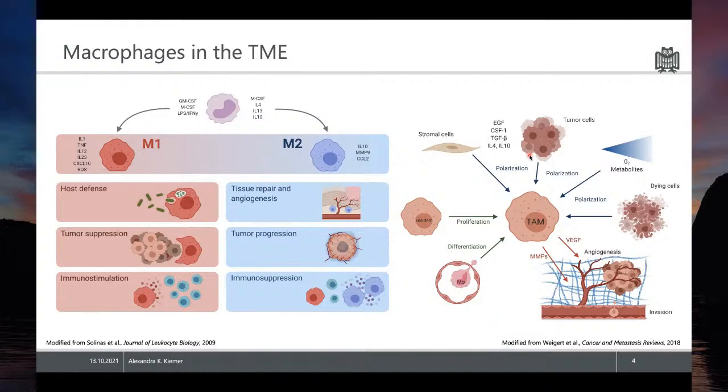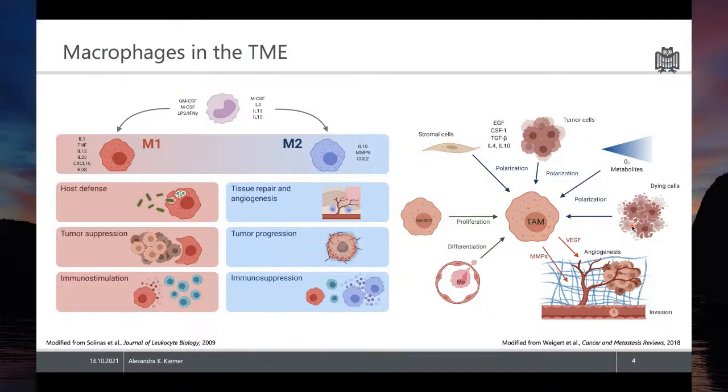They can release factors, growth factors, cytokines, extracellular vesicles, which can promote the polarization of these macrophages towards a tumor-promoting phenotype, but stromal cells can do that too. Then hypoxic conditions, also dying cells. If you think about a tumor, typically you think about lots of proliferating cells, which is of course true, but there are also lots of dying cells, and tumors are sometimes designated as wounds that never heal.